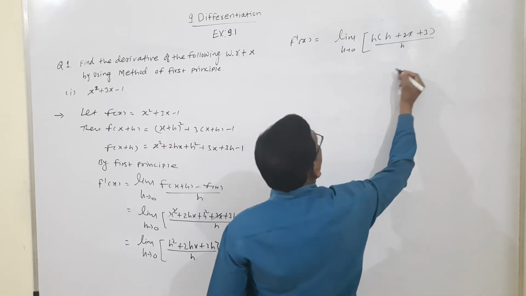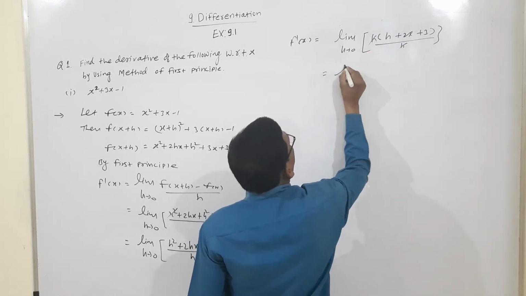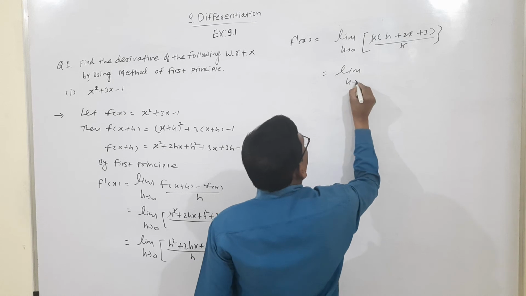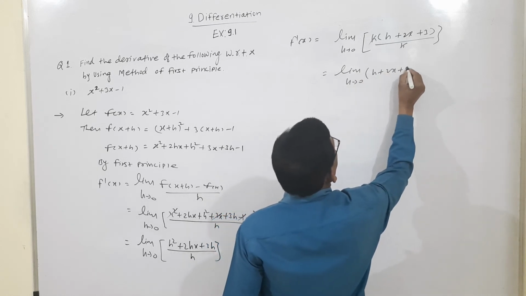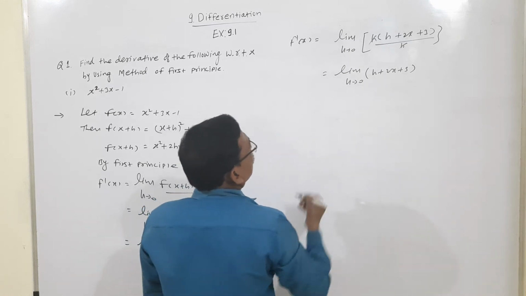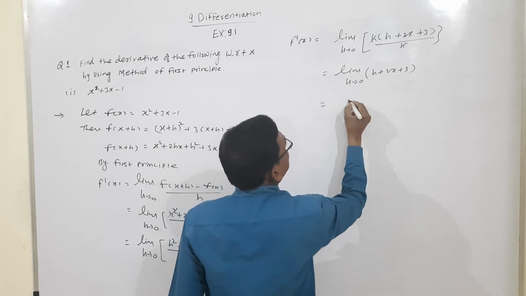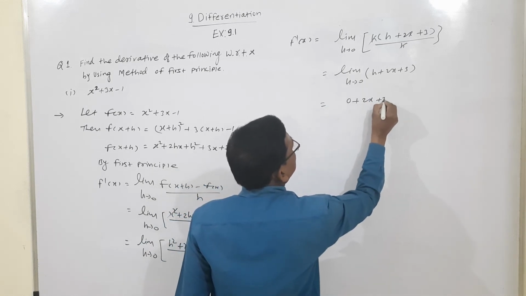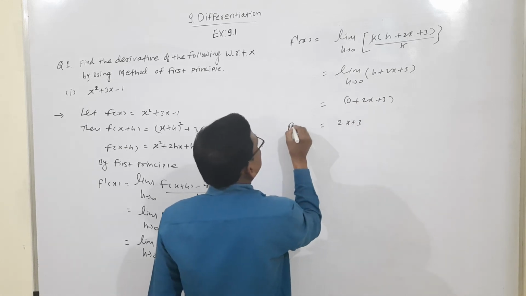Now this h will get cancelled, and the remaining terms are h plus 2x plus 3, and then apply limit as h tends to 0. So therefore it is 0 plus 2x plus 3 only, and so it is 2x plus 3.